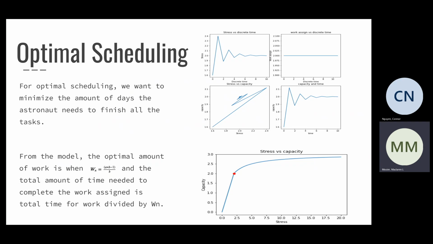Hence, the schedule should be a constant to minimize the number of days to finish the job. Here are some graphs when the schedule is at that threshold, and here is the threshold in the graph where stress affects productivity.